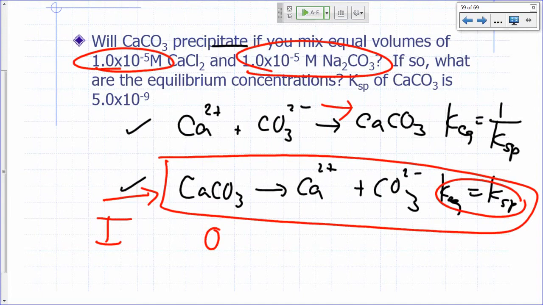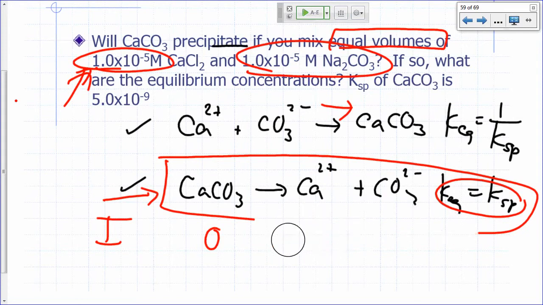What's the initial concentration of calcium? Is it 10 to the negative 5th? You're mixing equal volumes. So your volume has doubled. So it's no longer 1 times 10 to the negative 5th. What is it now? It got diluted twofold, right? So your initial concentration of calcium is only 0.50 times 10 to the negative 5th.